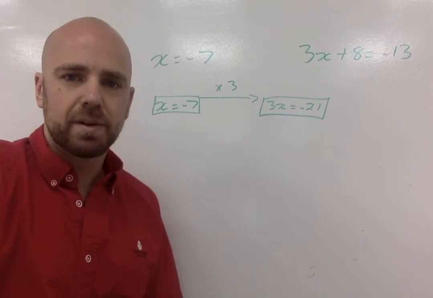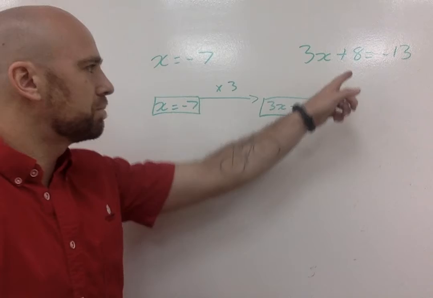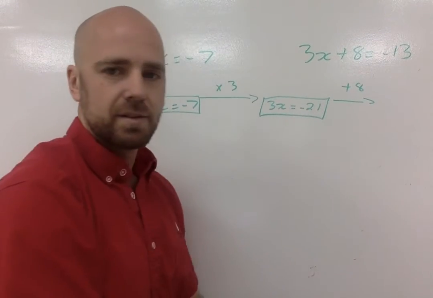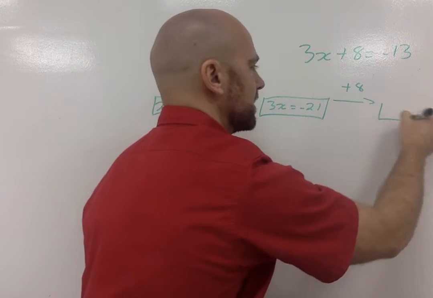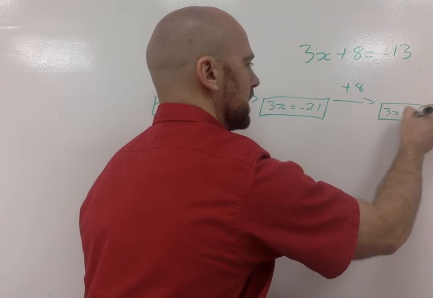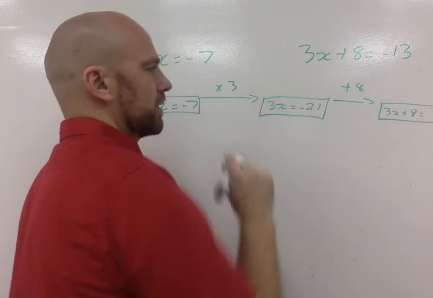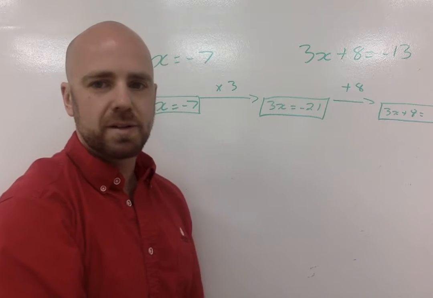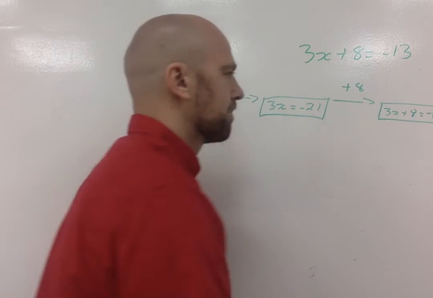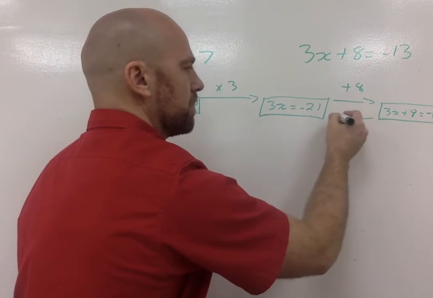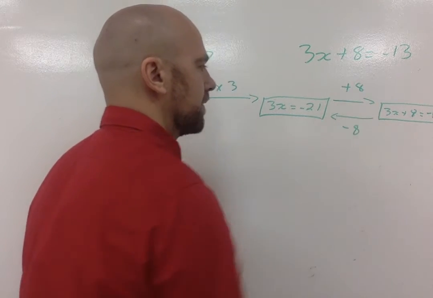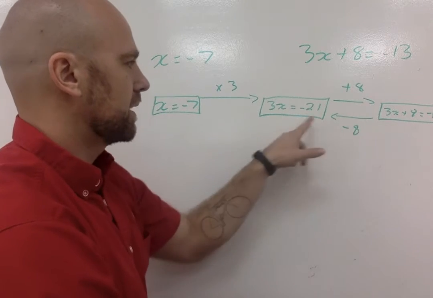Our next step is we have to try to get this plus 8 in. So our next step is going to be add 8. If we add 8 to both sides, we're going to get 3x plus 8 equals, now we have negative 21 and positive 8 is going to give us negative 13. So when we're going in the opposite direction, what do we have to do? We have to subtract 8 from both sides to get us from here to here.